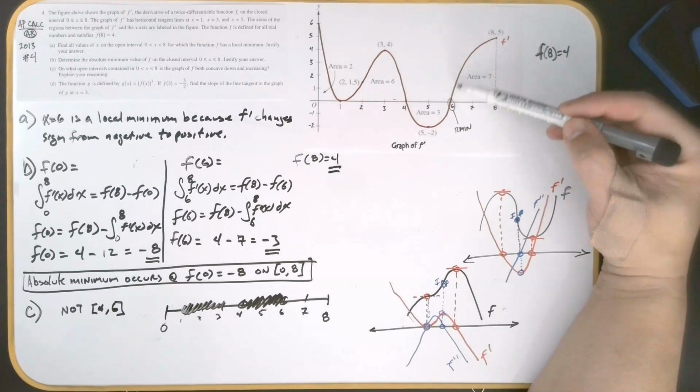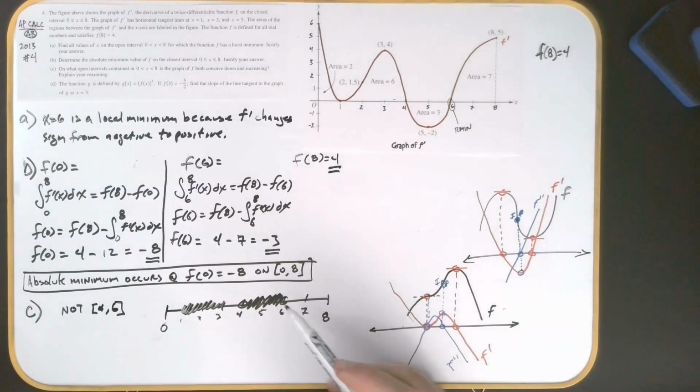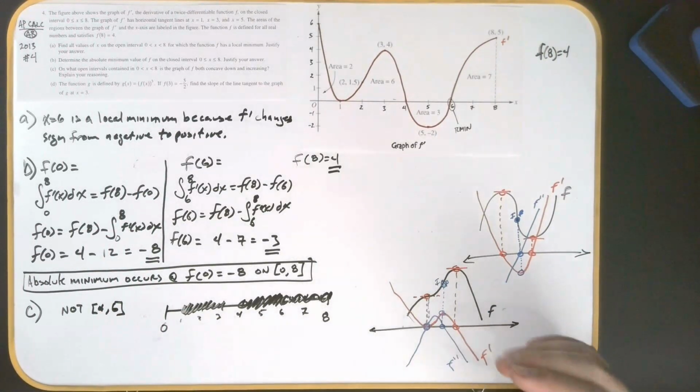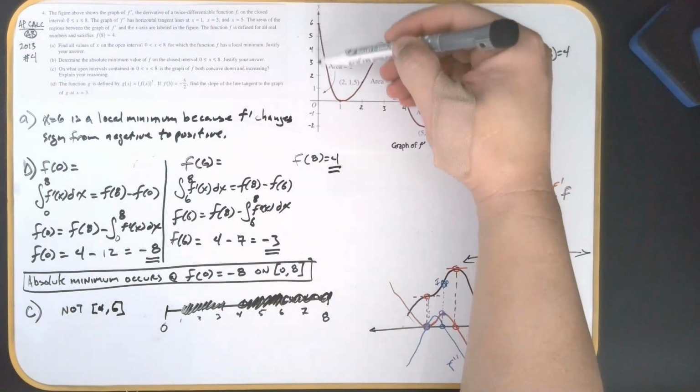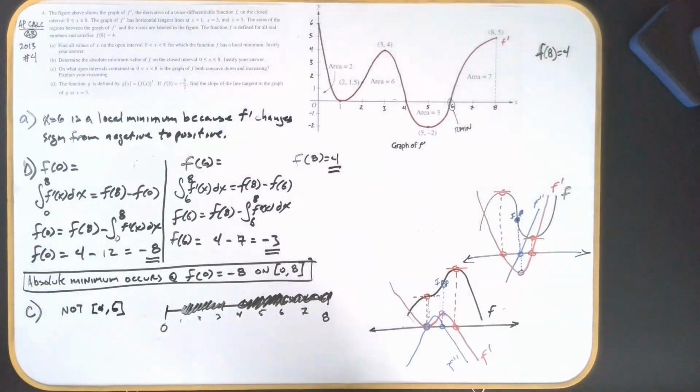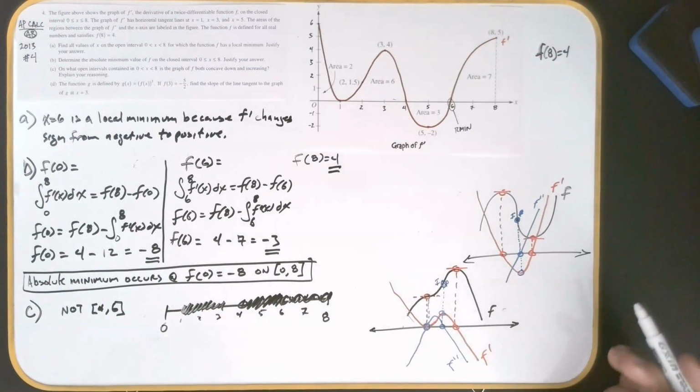And then we're increasing here, so we're no good here. Okay, so by elimination, it looks like the only places where red is doing two things, it's above the x-axis and it's decreasing. So it's above the x-axis and decreasing from 0 to 1 and from 3 to 4. Everywhere else, something's not okay with it.